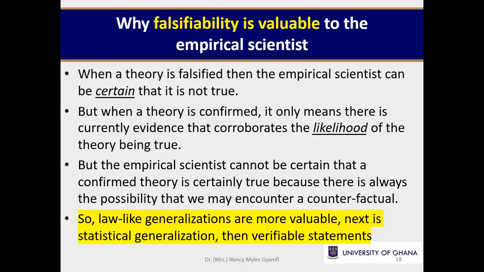So the preoccupation of science is to give us knowledge that is certain. They are looking for certainty. And how can you be sure or certain about your findings unless it is subject to tests? You expose it to all falsifiability, and yet it hasn't been made false.